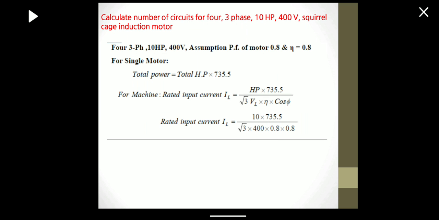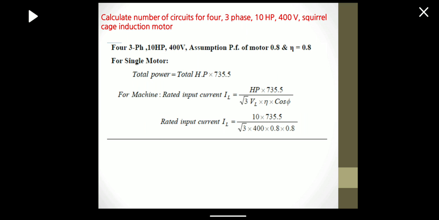And for the single phase, the total power is equal to total HP times 735.5 as the rating. For the machine, rated input current IL is equal to HP into 735.5 divided by root 3 VL efficiency into cos phi. So put down the values.